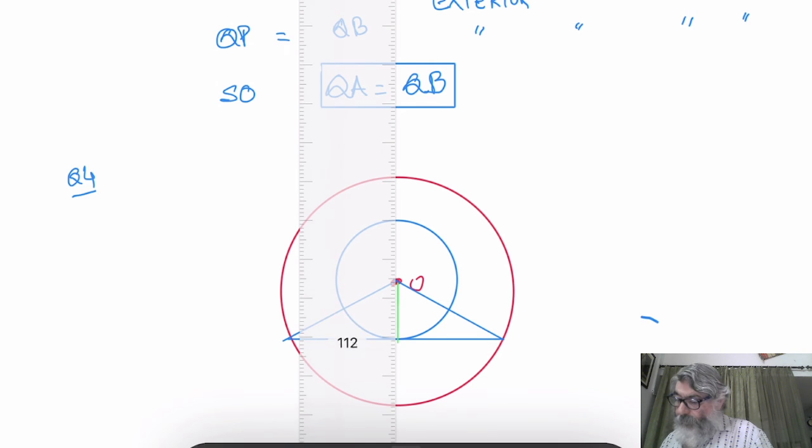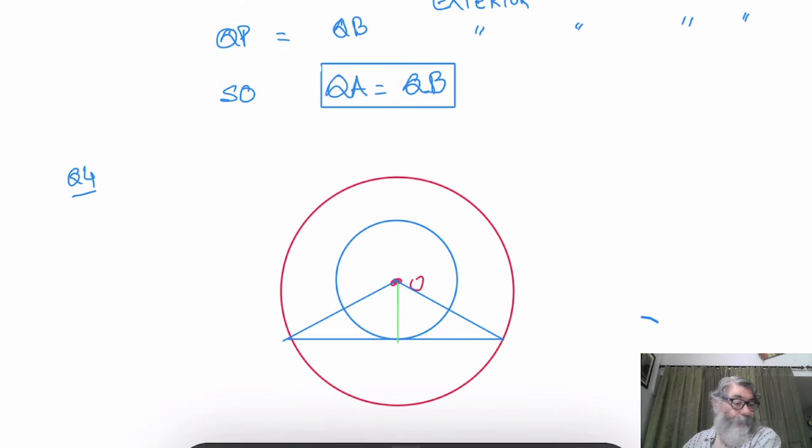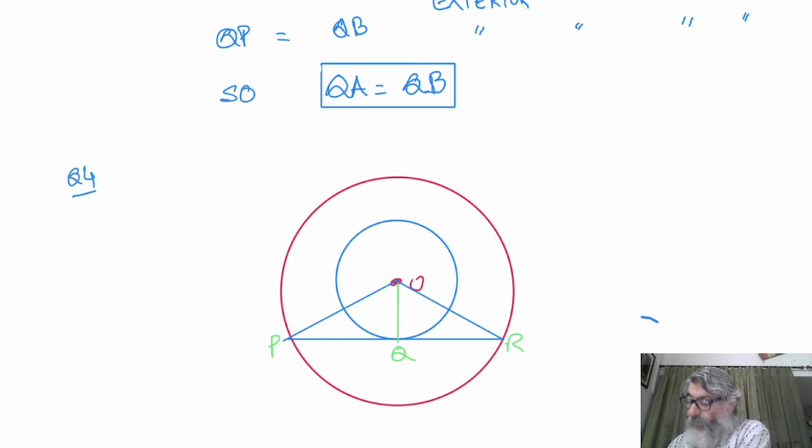O, P, Q, R. Now what he says in this figure is that these are the two concentric circles.